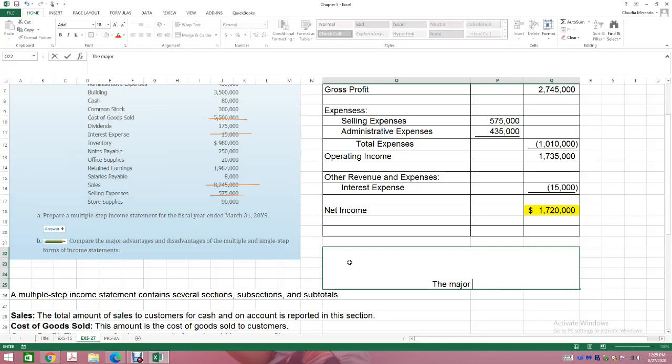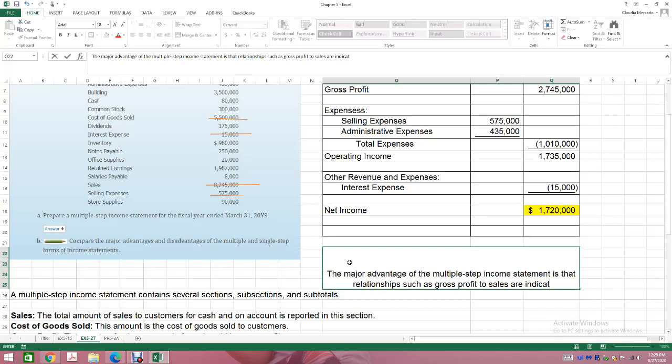So the major advantage of the multiple step income statement is that relationships such as gross profit to sales are indicated.